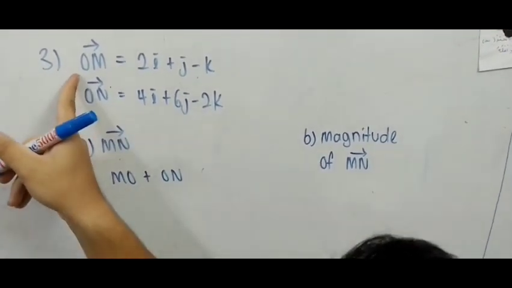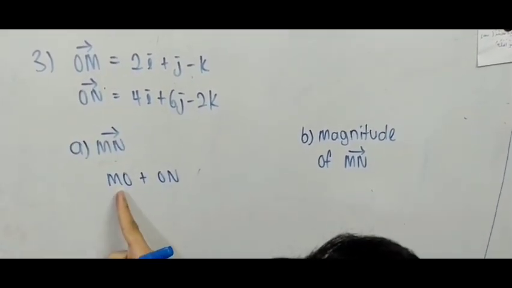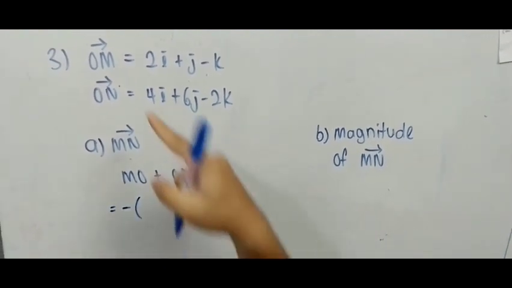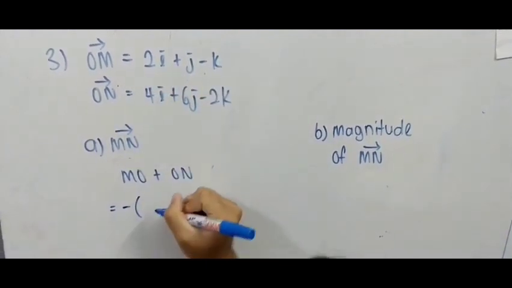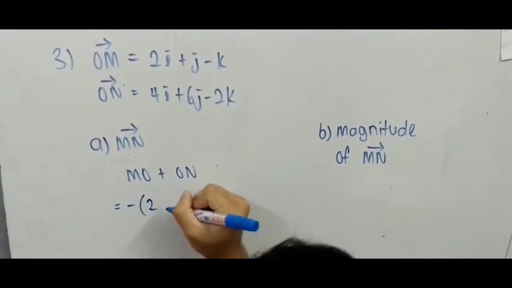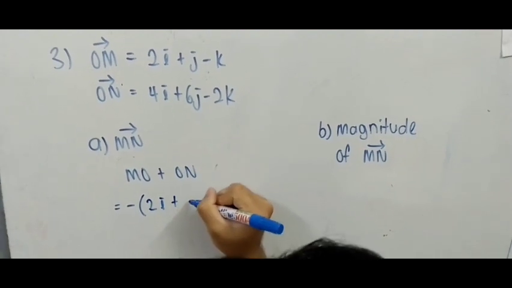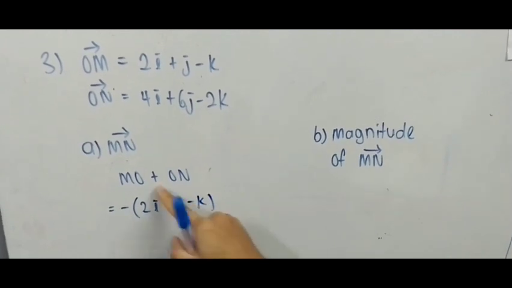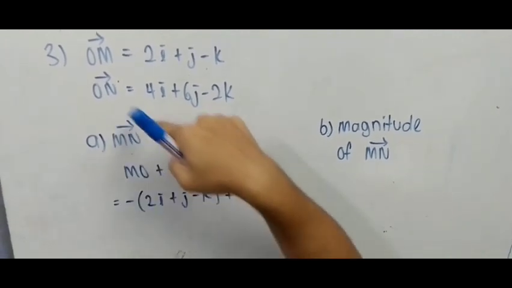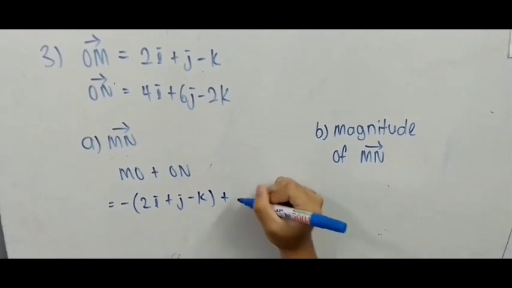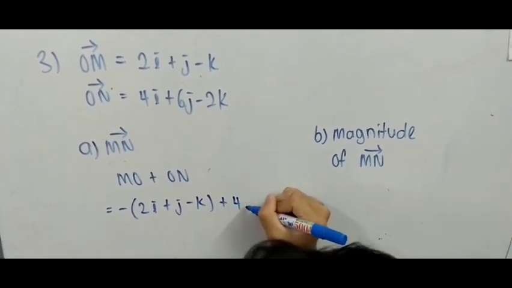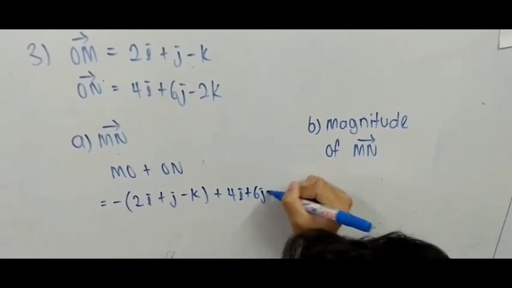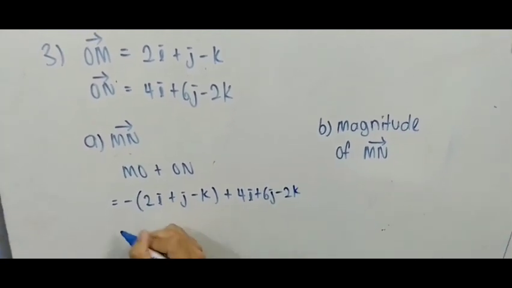The information given is ON, but we need MO, so we must put negative and put the information OM: negative (2i plus j minus k), plus ON, same as the information given, so just put it in: plus 4i plus 6j minus 2k.